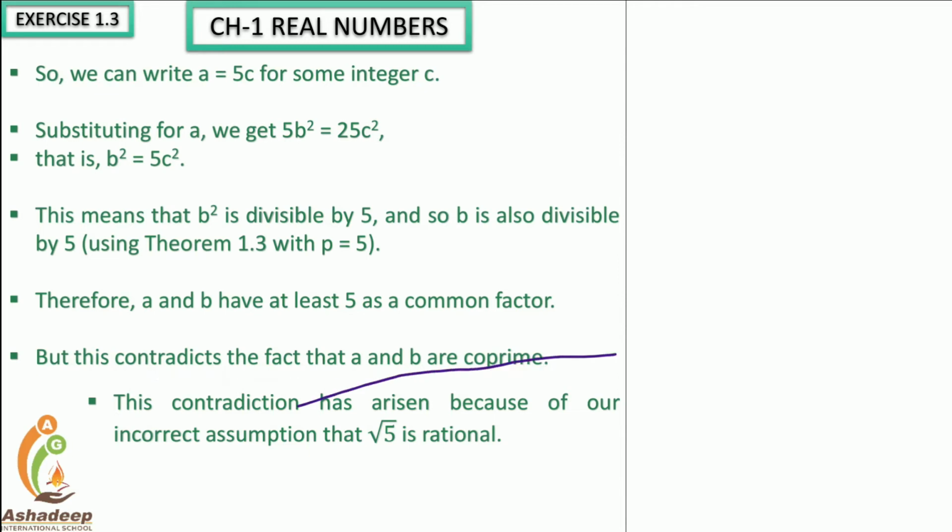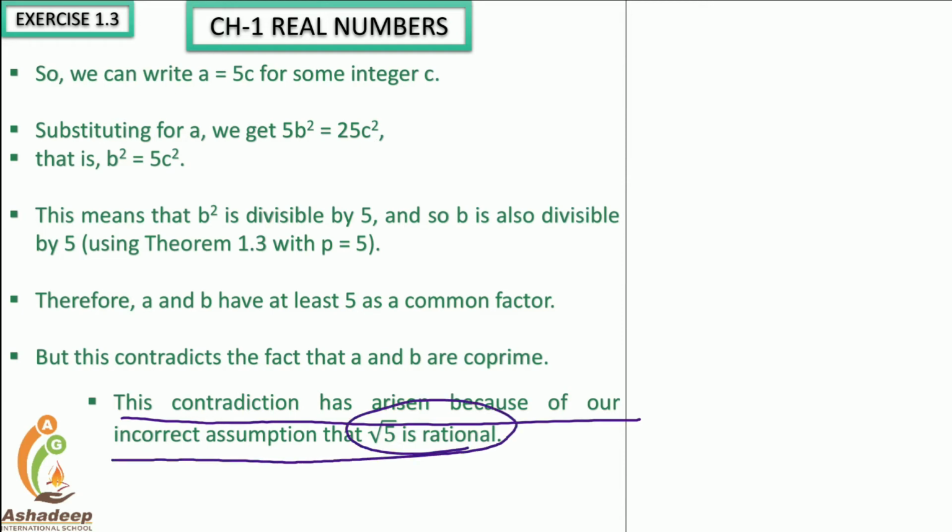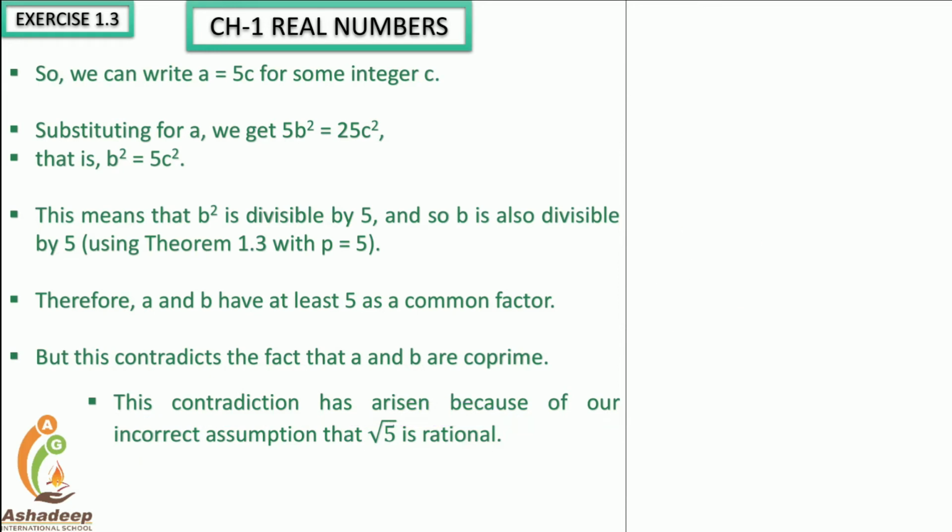Because we already saw previously that a and b have only 1 as a common factor, but here 5 is a common factor. This contradiction has arisen because of our incorrect assumption that square root of 5 is a rational number. So therefore we can say square root of 5 is an irrational number.